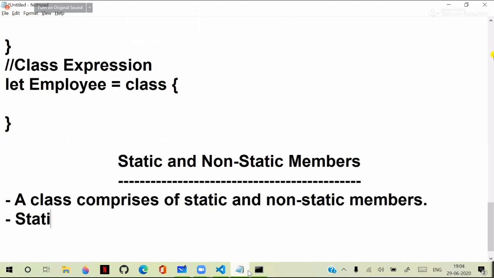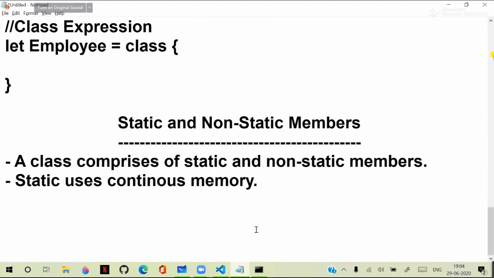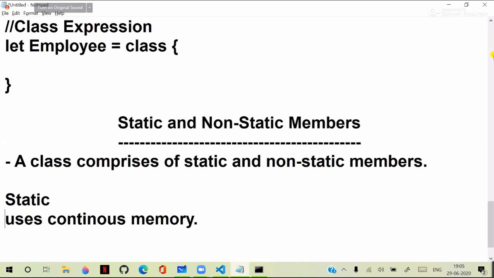So static uses continuous memory. That is the first important point. I will keep it under a separate heading. First, static. First point, it uses continuous memory.